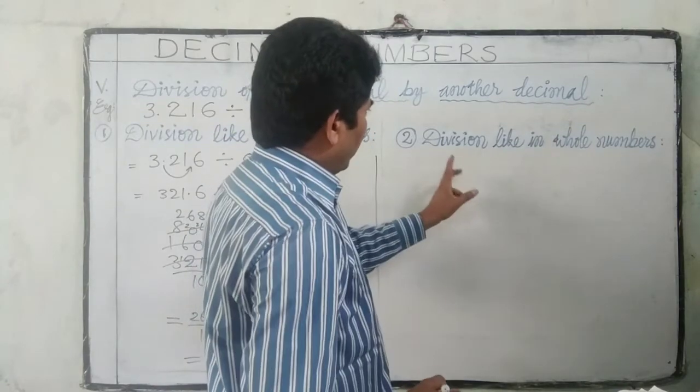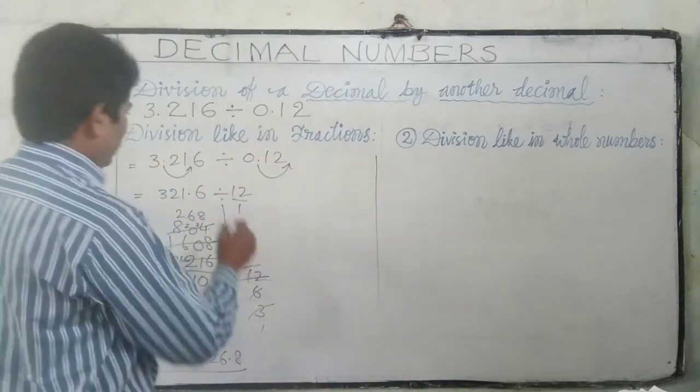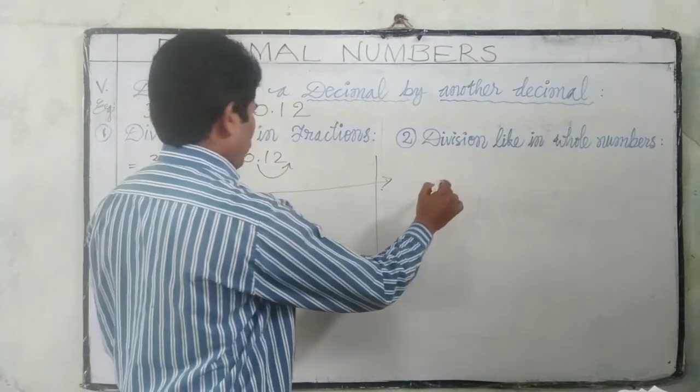Let us observe division like in whole numbers. Here we have this number, 321.6.